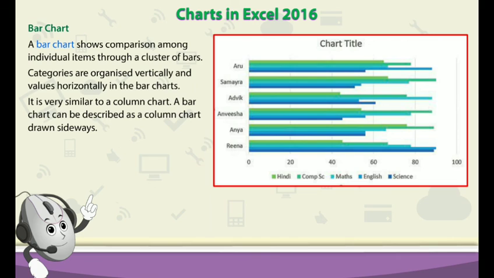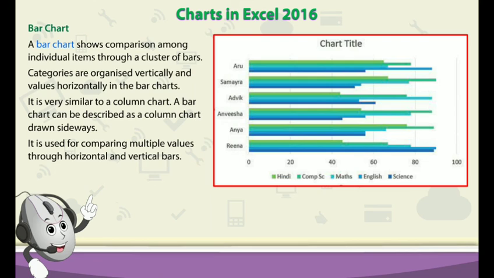It is very similar to the column chart. A bar chart can be described as a column chart drawn sideways. It is used for comparing multiple values through horizontal bars.